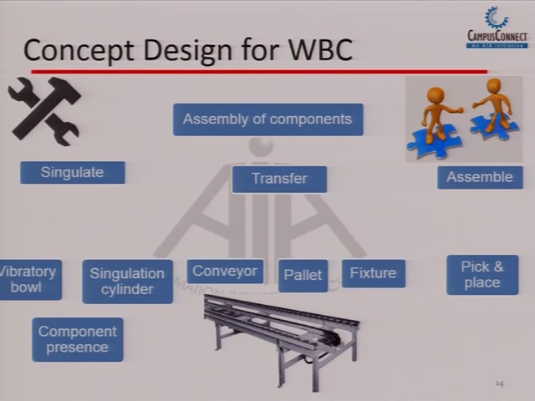In singulation you have to use a feeding system, a singulation cylinder, and a component presence sensor to know that the component is present every time you want to singulate it. And then you have transfer, you have to transfer those components from one part to another for processing. And then you have assemble. So when you talk about all these things as an entire system, then you have the assembly of components. Any questions still there?